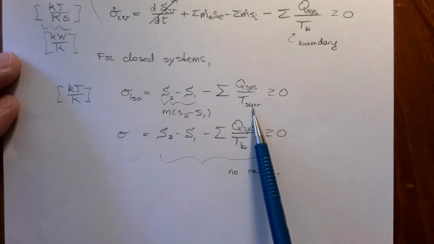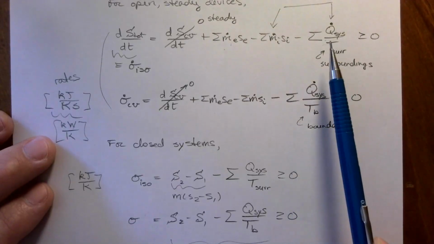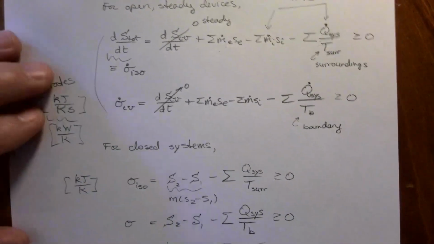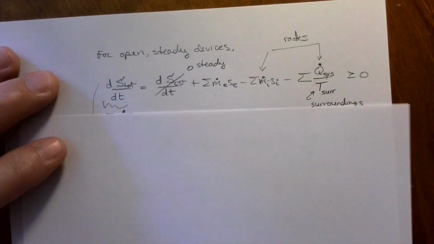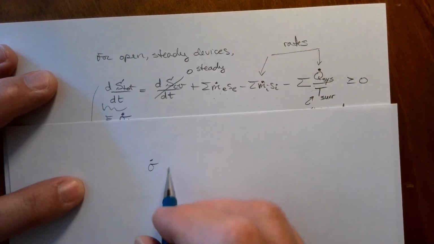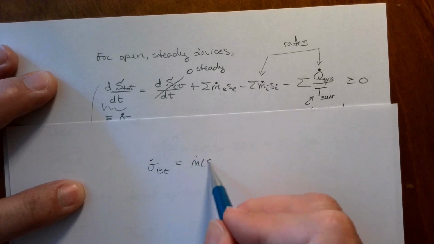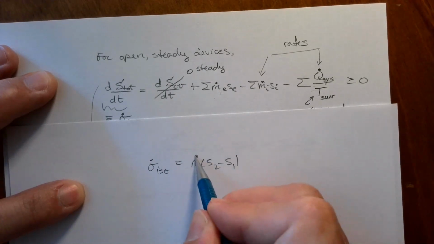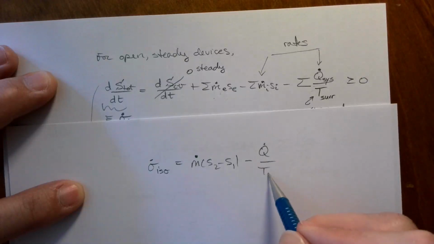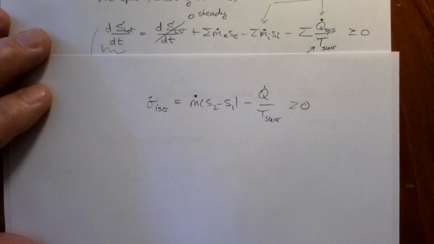If you notice, the equations are very, very similar. In fact, let me write them out. For an open steady single stream, the equation is sigma dot isolated equals m dot times (S2 minus S1) minus Q dot over the temperature of the surroundings, greater than or equal to 0.